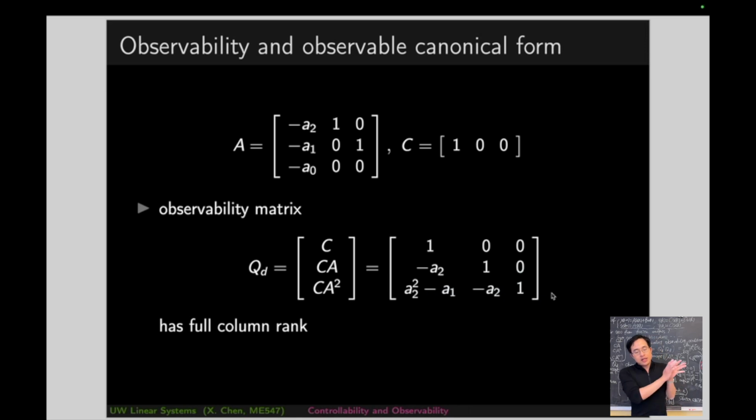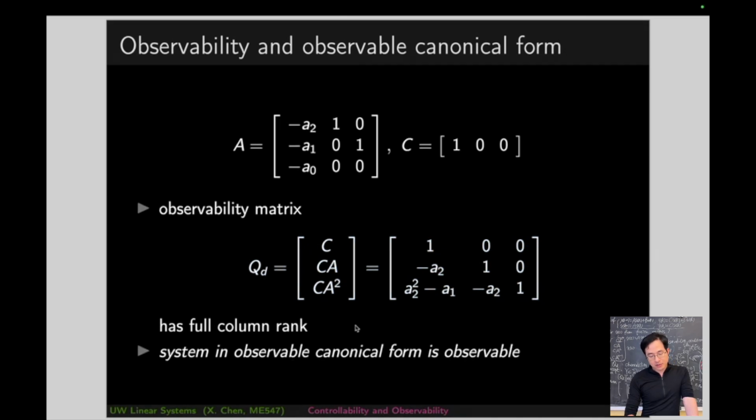So the observability matrix, you can see now, is non-singular because of the structure. It's 1, 1, 1 on the diagonal and then 0, 0, 0 on the top right. The observability matrix here is full rank, and the system in this observable canonical form is observable. So that's the reason why this canonical form is called OCF.